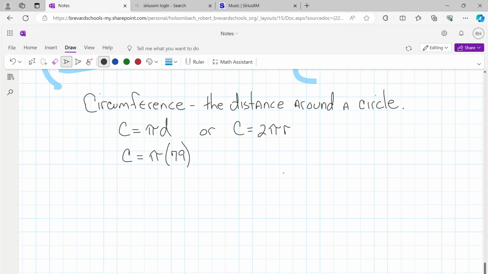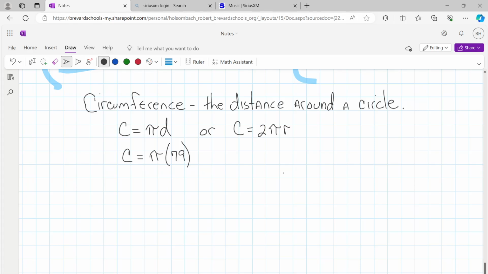Now, a lot of these problems today, we are rounding to the nearest hundredth, and you're going to be using the pi button in your calculator. And the pi button is 2 above and 1 to the left of the 7.